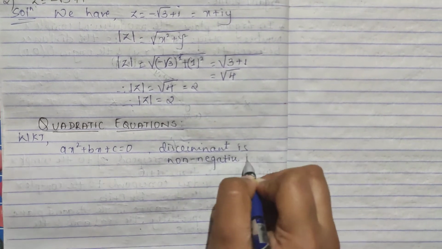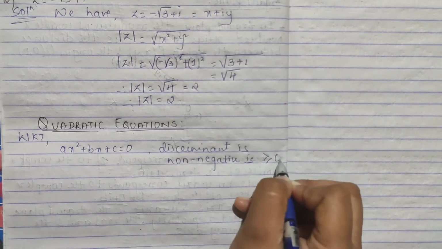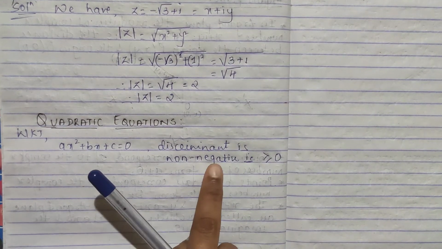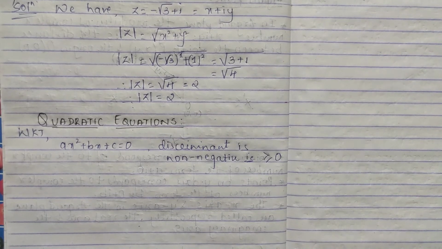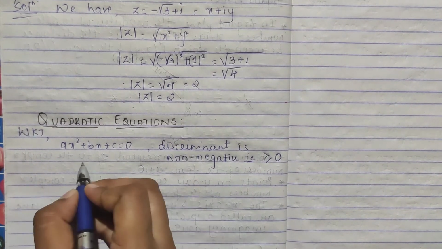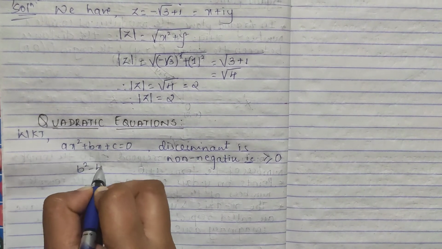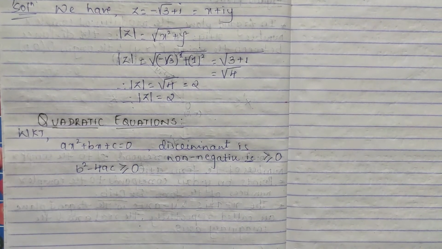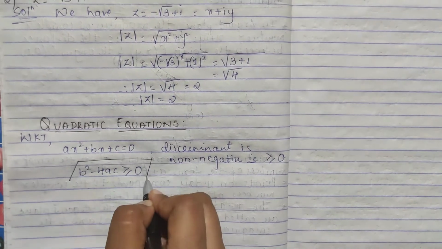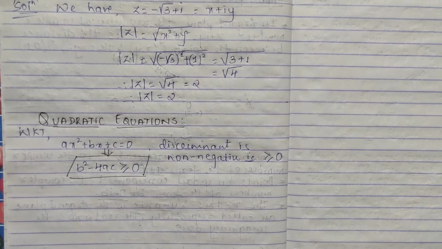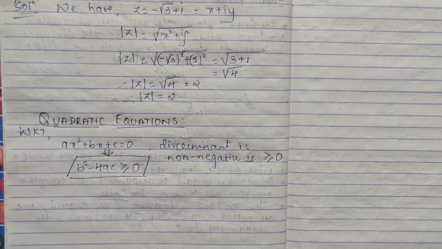Non-negative means greater than or equal to 0, so whenever they say non-negative, it means positive or equal to zero. Your discriminant is b square minus 4ac. Yes, this part you have studied. You have not studied about negative. In your previous class, for your quadratic equation, the discriminant was non-negative.